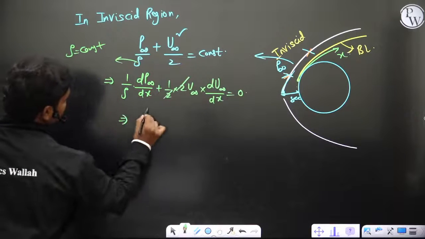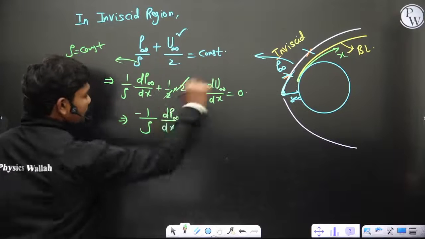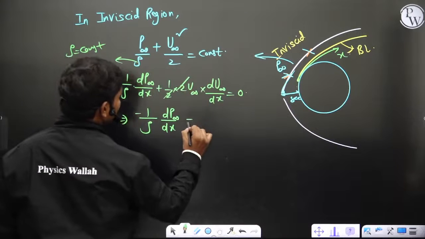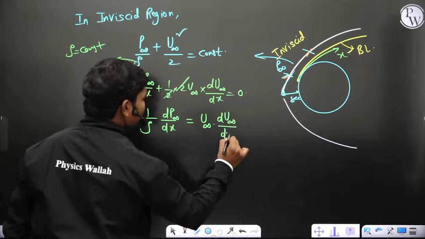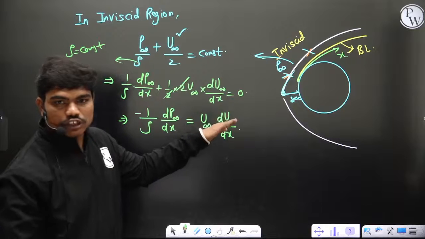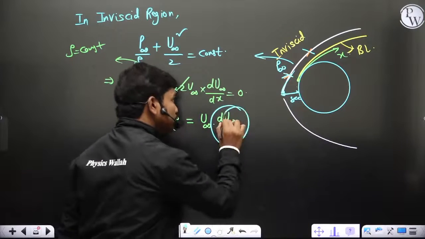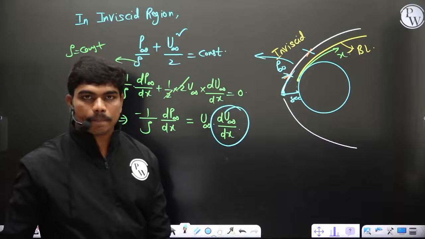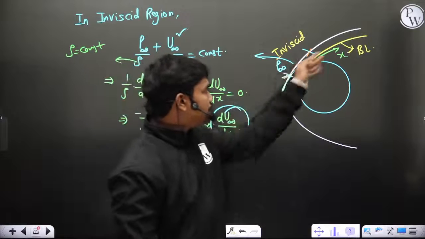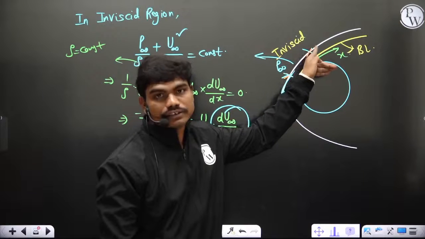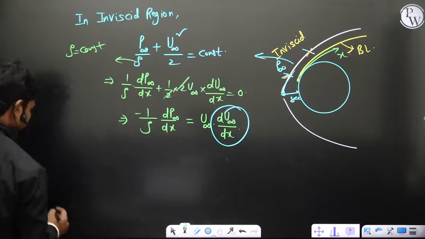So minus 1 by rho dP by dx, where infinity is basically the symbol to denote the outer flow, is equal to U infinity into dU infinity by dx, which is the variation of free stream velocity in the streamline coordinates, which need not be 0 for cases like this. Clear? For cases like this, this quantity is not 0 because along the stream direction, the velocities at different points can be different. They are not the same. But for a flat plate, it is a special case.